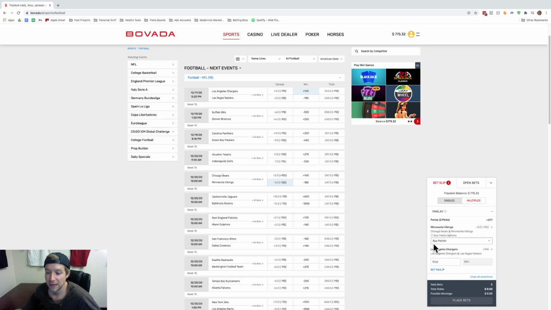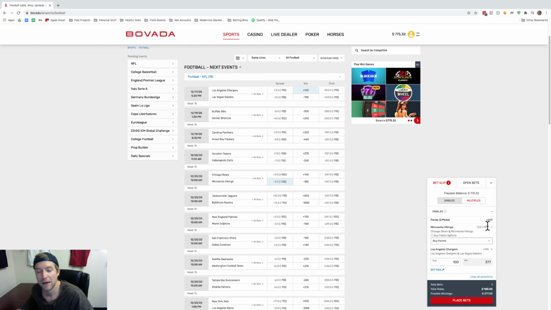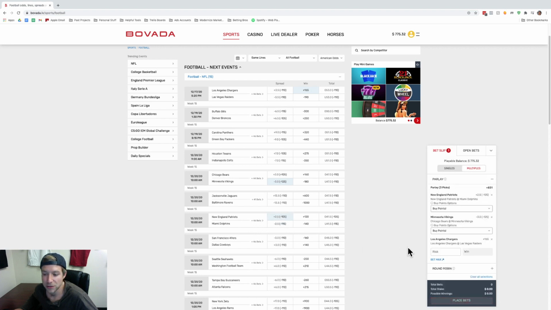As you can see here, the Minnesota Vikings are -3 and the Chargers are a plus 165 money line. If I were to bet that both of these are going to happen, I'm going to get way better odds than I would have any other time. That's the benefit of doing the parlay. And you can see that we can add things in here super easily.